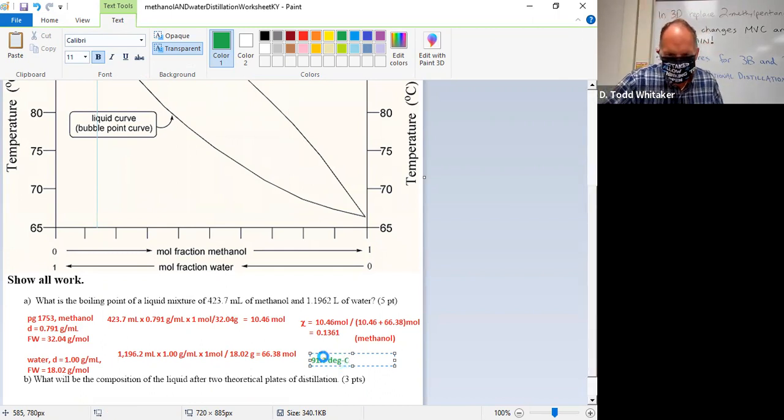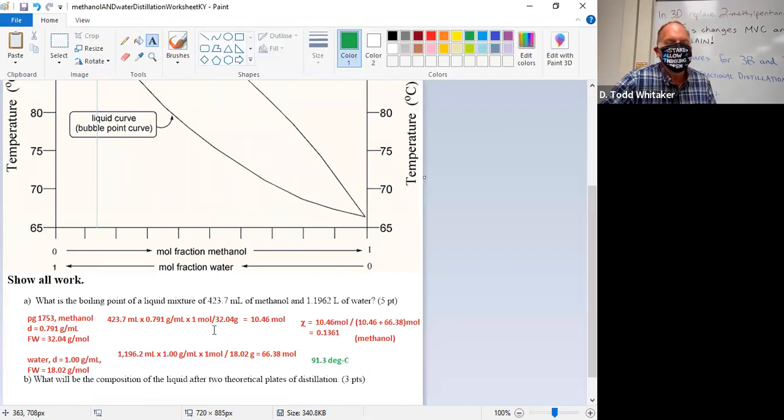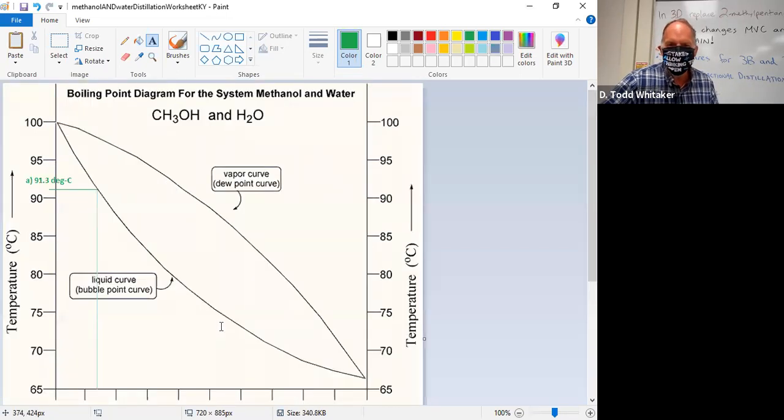Saving. Okay. Now, what will be the composition of the liquid after two theoretical plates? Well, here's the deal. Remember what I said about a boiling liquid? We're going to start theoretical plate number 1 in red. You boil a liquid at the same temperature as the vapor above the liquid. It's happening at the same temperature. So that's horizontal, people. Theoretical plate number 1 is about to start.